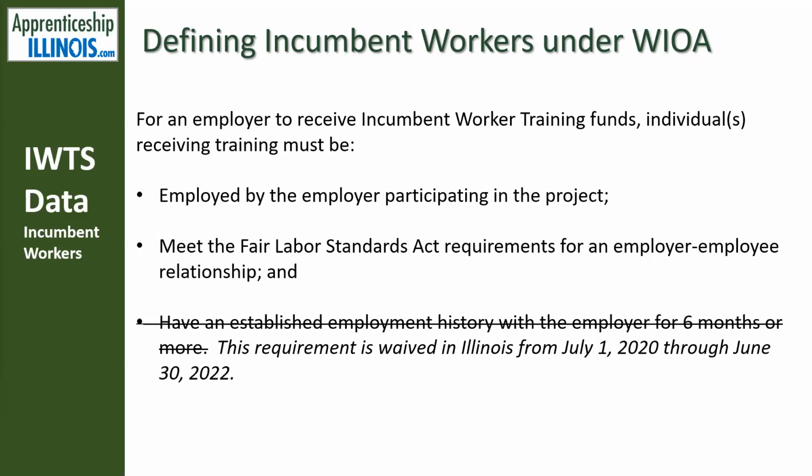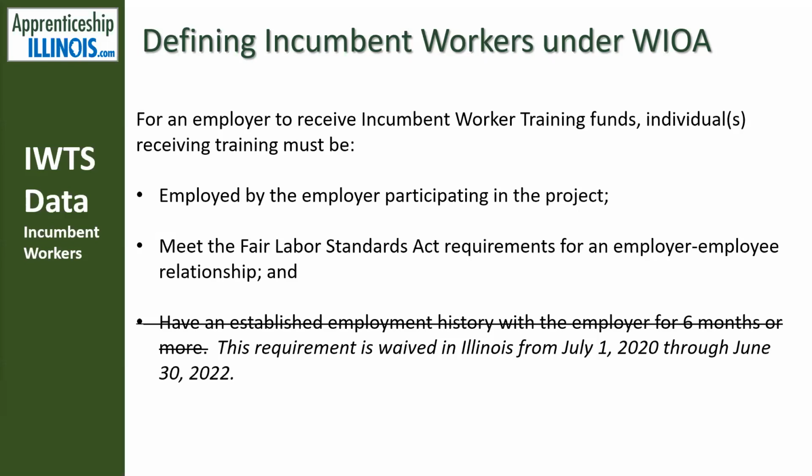These people are not enrolled in WIOA like individuals are. In incumbent worker training, the relationship is with the company, okay? And you're providing the training for the company workers, in response to a need that the company has identified, okay?